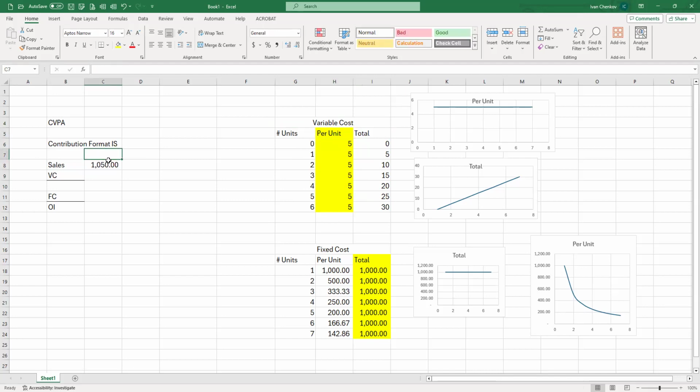Let's say now here per unit, our sales are $10 and our variable cost is $5. Let's use this one for 1 unit. But fixed cost, regardless of the number of units, is always going to be $1,000.